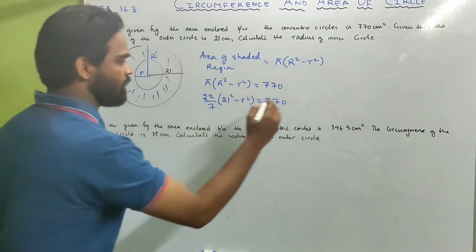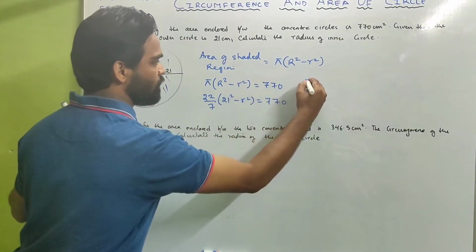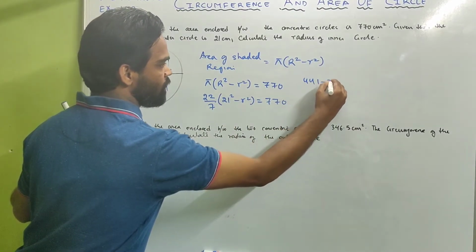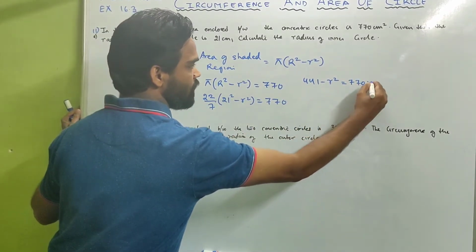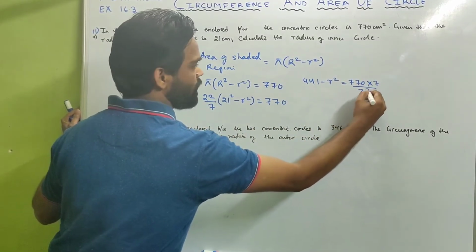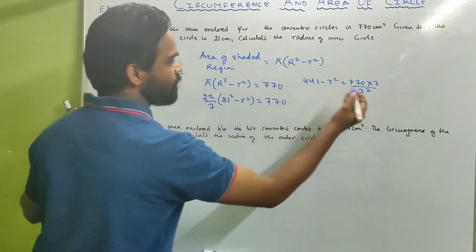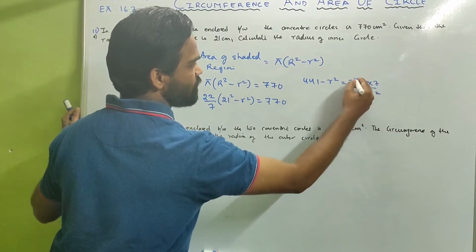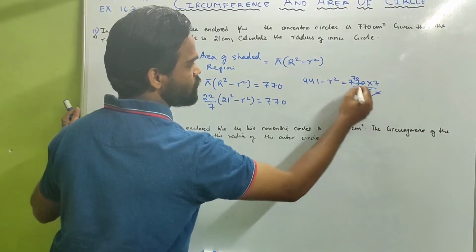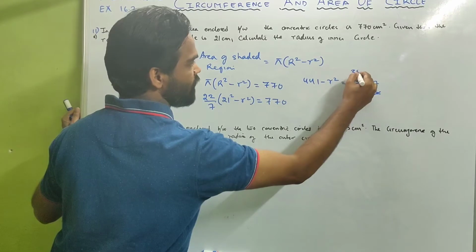We just need to simplify it. See, this will be 441. So 441 minus r square is equal to 770 multiplied by 7 by 22. Isn't it? So this becomes 11 twos are 22, 11 seventy times, 2 ones are 2, 35 times.